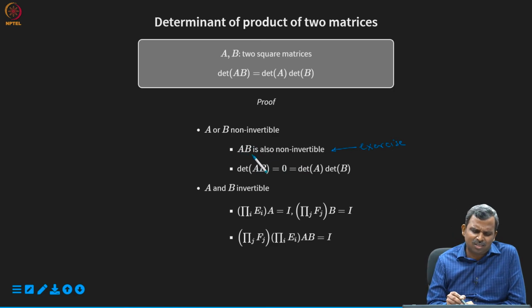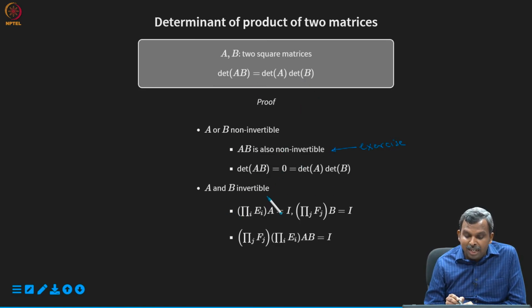You can use many methods. You can look at the range space or null space and show that in either case one null space will be non-trivial, so it will be non-invertible. So AB is also non-invertible. Then the determinant of AB is 0, and determinant A times determinant B is also 0. So both of them are equal. The 0 case is taken care of.